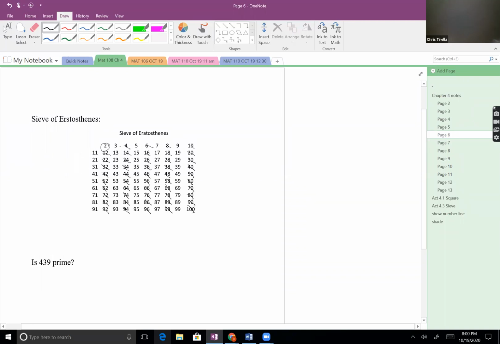And then the first number that was left was 3. So now I'm going to cross out any multiple of 3 that I didn't cross out already. Because if they're divisible by 3, they won't be prime.